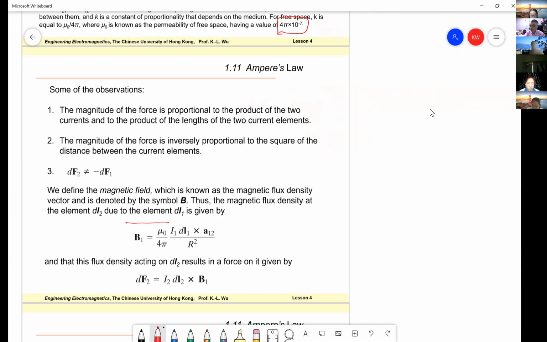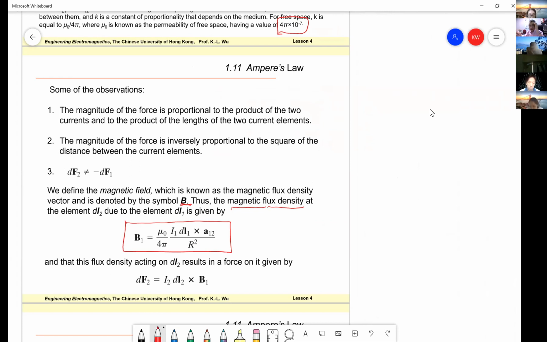We call this the magnetic flux density, with symbol B. We officially introduce the magnetic field.